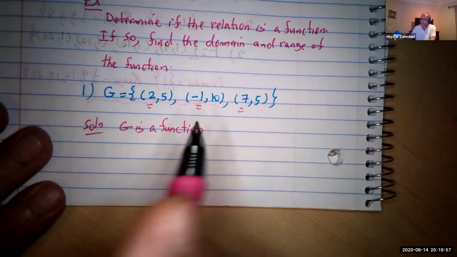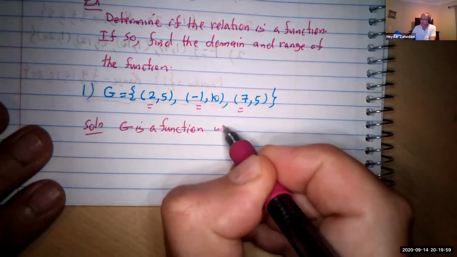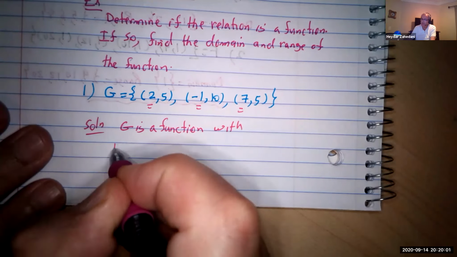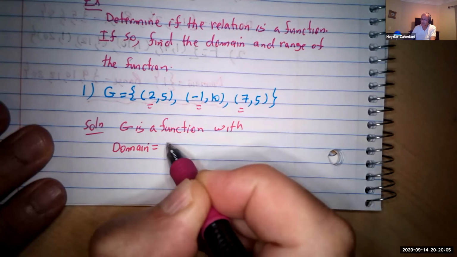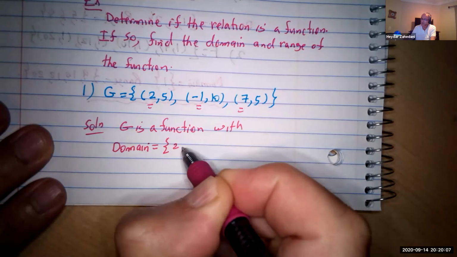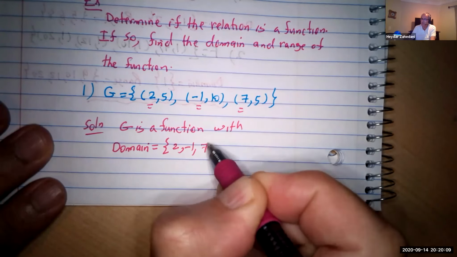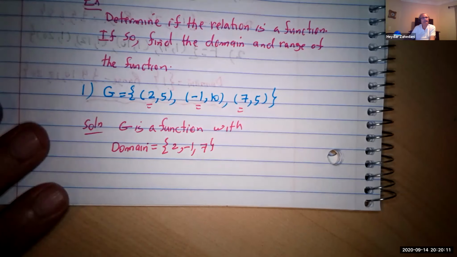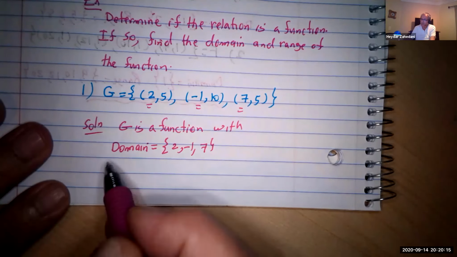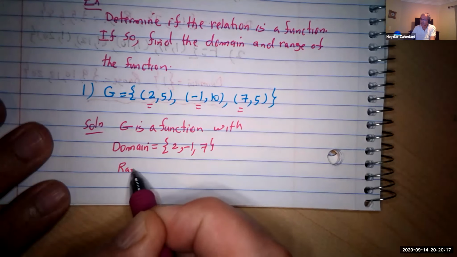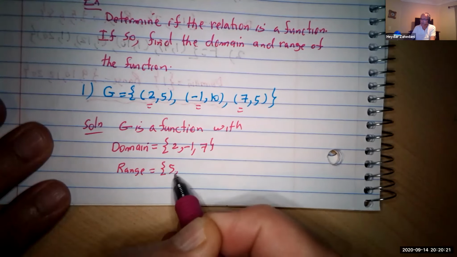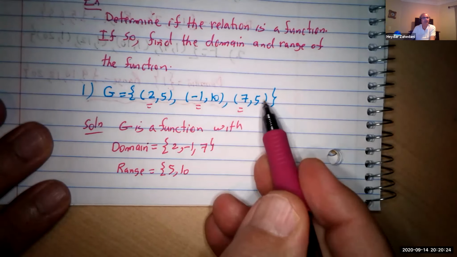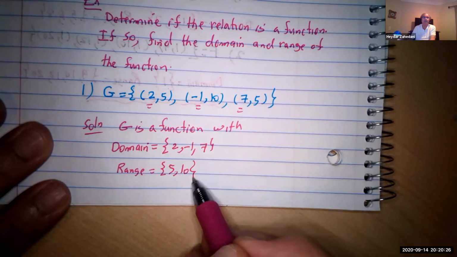So G is a function with domain, the first components, 2 and -1 and 7. The order is not important. You can write it as you like. And the range, the second components, 5 and 10. When a value is repeated, we do not repeat it again.